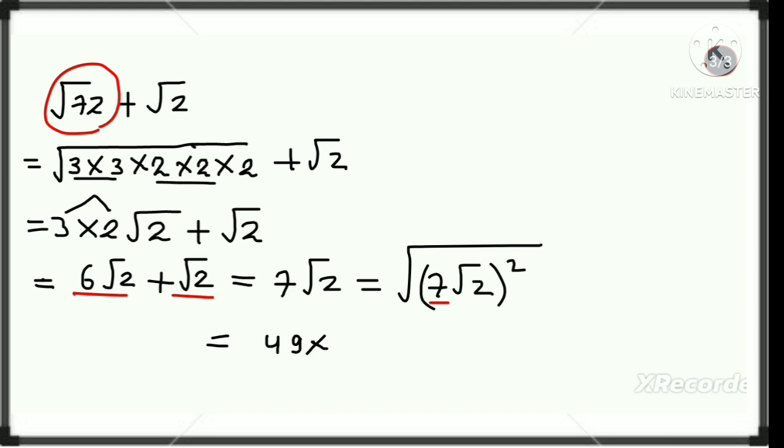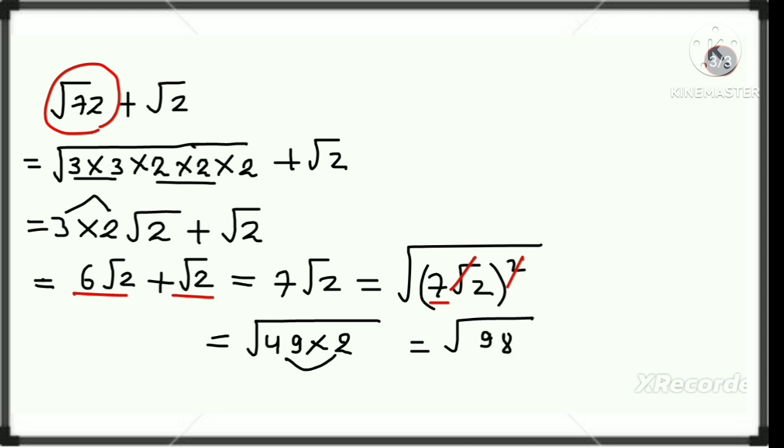into, and this square and this sign of root can be cancelled out, and here remains 2 and this whole root. Now finally we obtain seventh term, that is root over 49 into 2, 98.